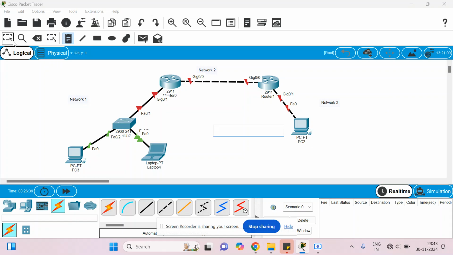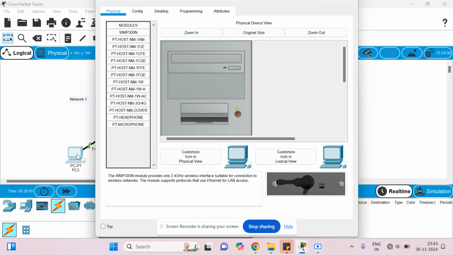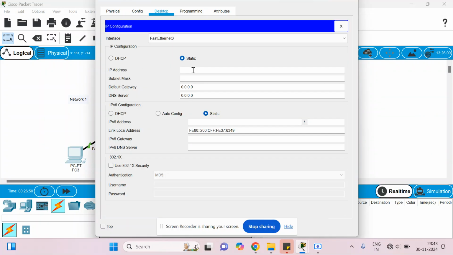So I'm giving the IPs now. I am giving IP directly to the machines first. Open the PC, third tab, desktop, IP configuration. Here I am giving IPs: 10.0.0.1.